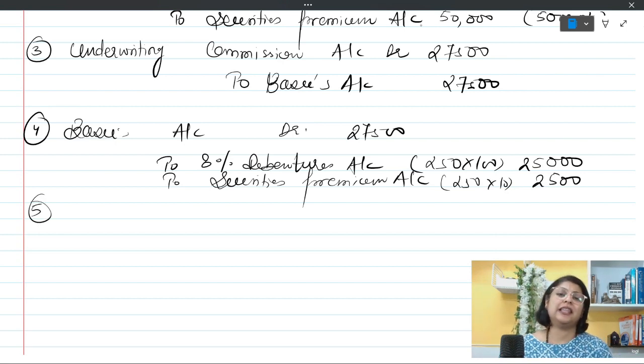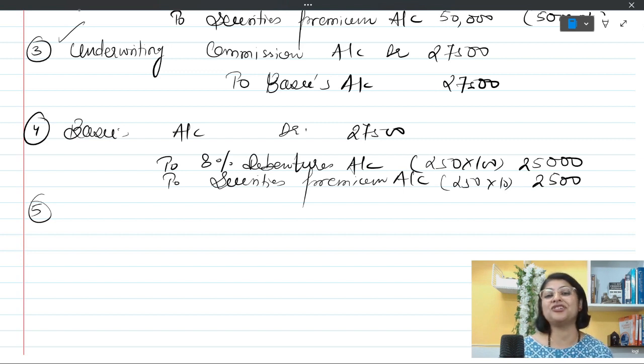So now let's understand in this question, very important thing is there. What is that? In this question, we have to write off underwriting commission. But usually when no information is given to us, we write off underwriting commission through statement of profit and loss account. But students who are vigilant enough will understand, I had told you that security premium reserve has specific uses, and one of the use is this, that underwriting commission or brokerage etc. can be written off from this account.